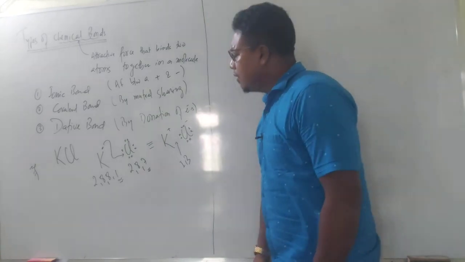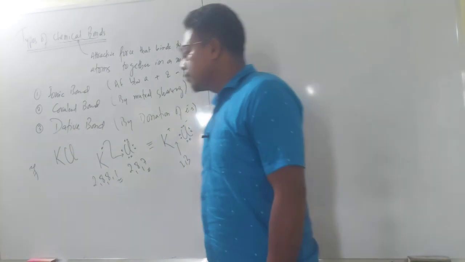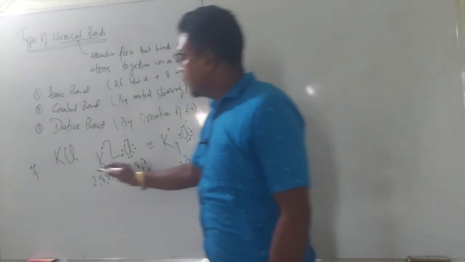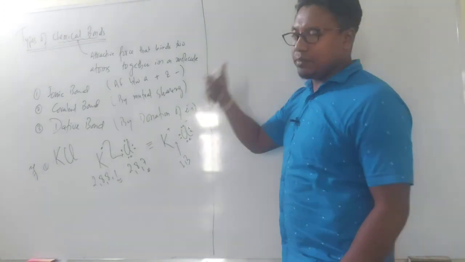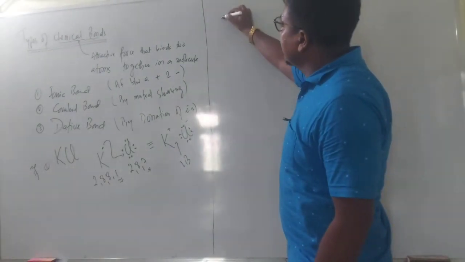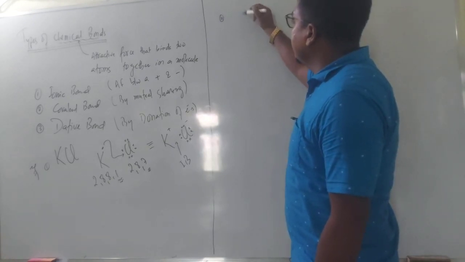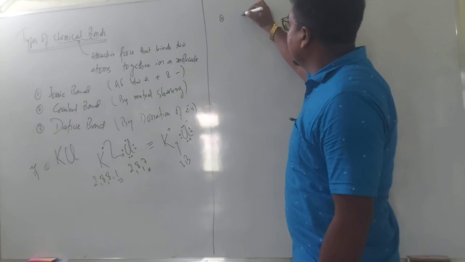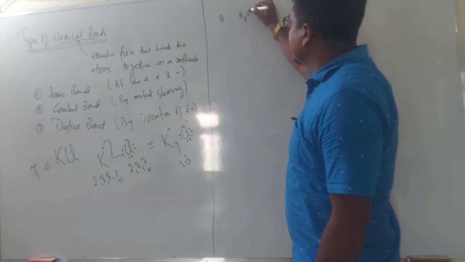So let me give next example of covalent bond. This is the first example of ionic bond, and let me give the second example that is of covalent bond. Okay, so let me give this example, water, which is very easy.